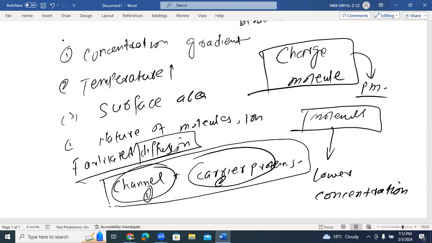That is why the charged particles would not be able to pass through the plasma membrane without any assistance, and that assistance is provided by proteins. Facilitated diffusion: who will provide that facility? That facility will be provided by a channel or any other carrier protein. Are you getting this point?